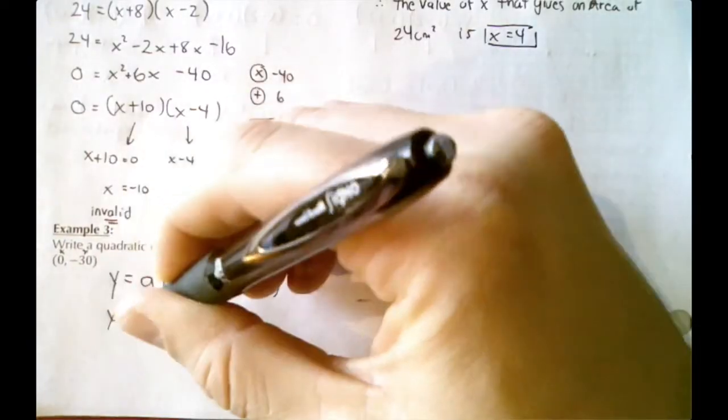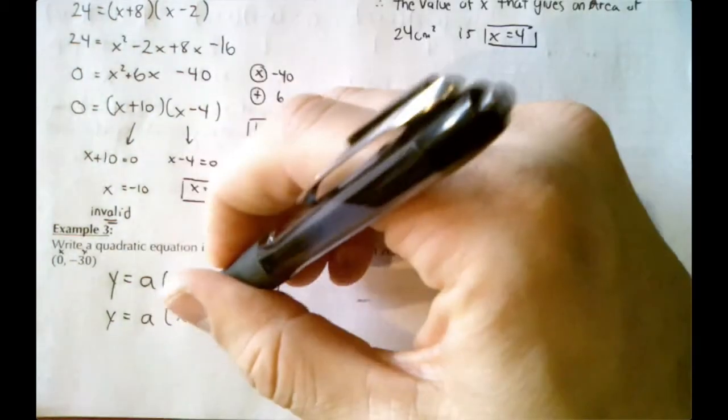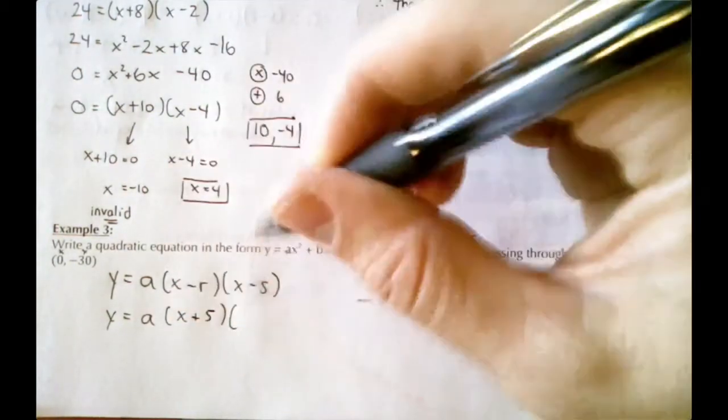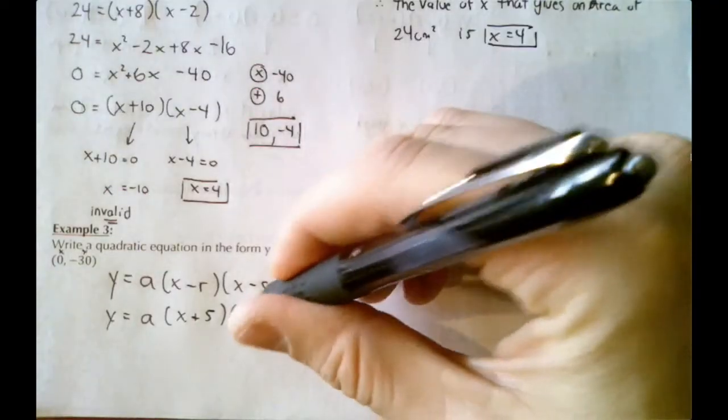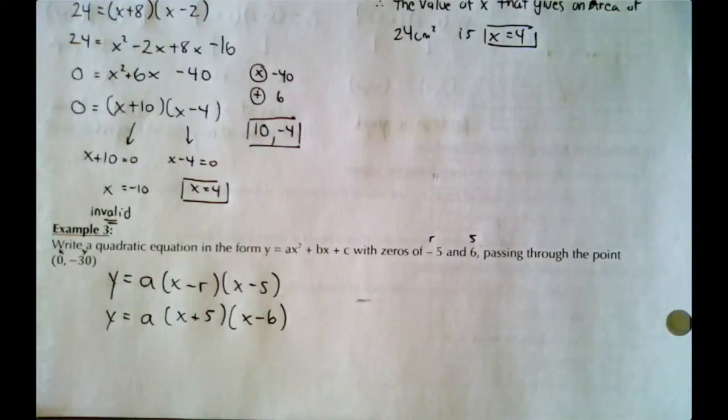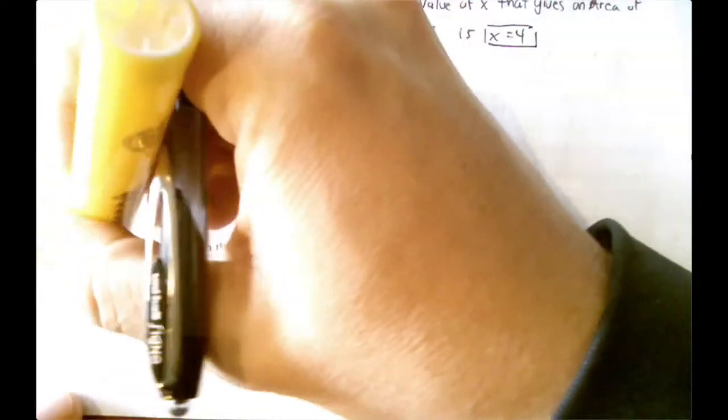So here's how this question would work. We'd plug in our r and our s. X subtract negative 5 would be like x plus 5. And x subtract 6 would just be x minus 6. And now we can use our point of 0, negative 30 for our x and our y.